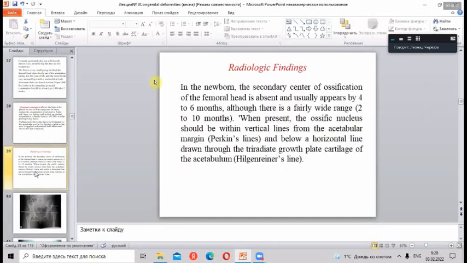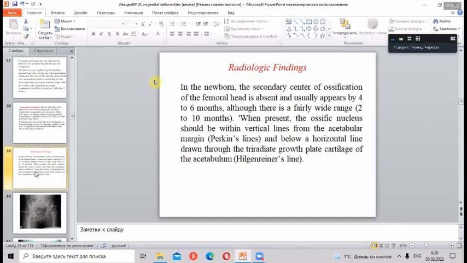In the newborn, the secondary center of ossification of the femoral head is absent and usually appears by 4 to 6 months, although there is a very wide range, 2 to 10 months.